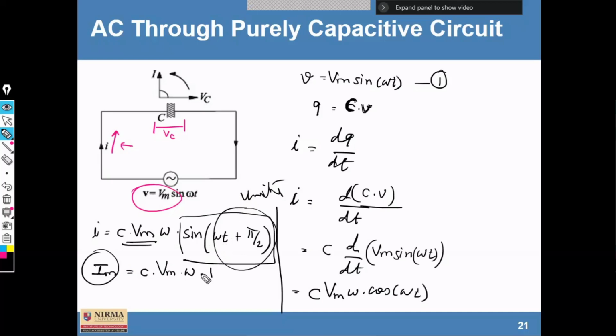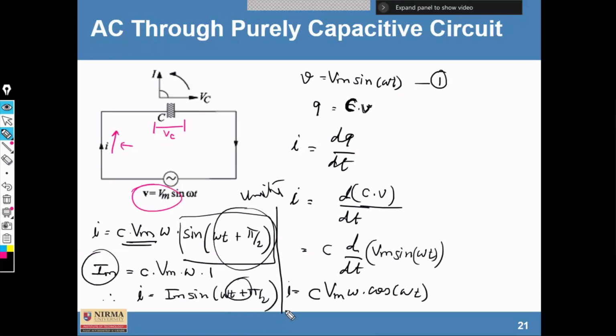We will discuss this equation, inductive reactance and capacitive reactance, when we cover the RC series circuit. So here we can write the final equation of current: I equals Im sine of omega t plus pi by 2. In the inductive circuit, we received omega t minus pi by 2, and here we received plus pi by 2.